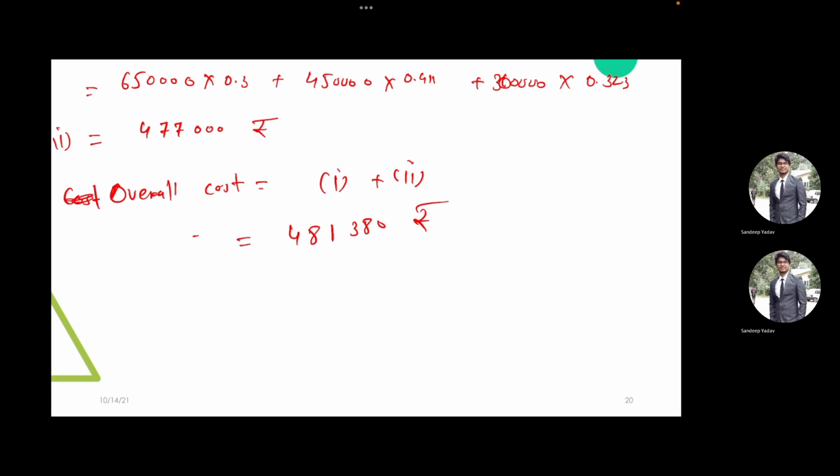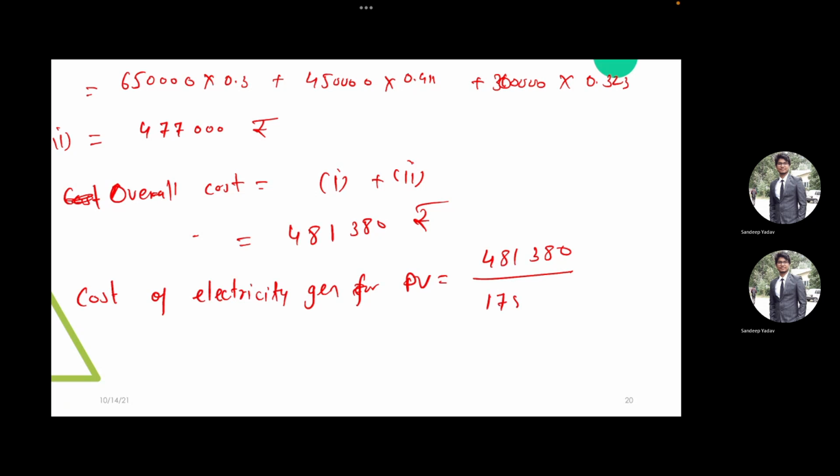In the similar way that we calculated the cost of electricity generation for diesel, for PV that will be 4,81,380 upon 17520, the number of units that we need.